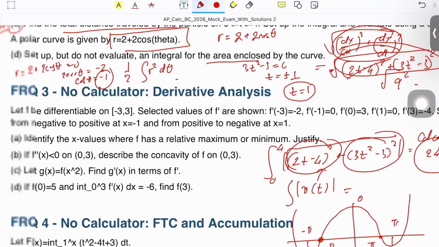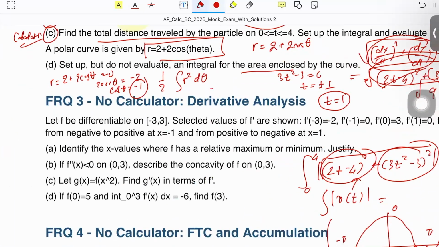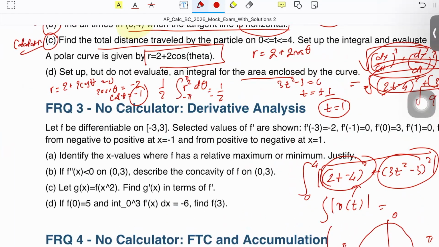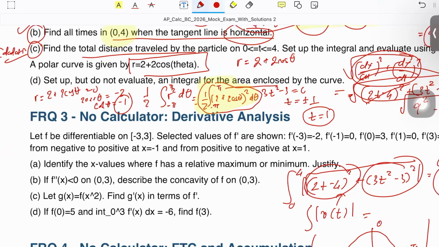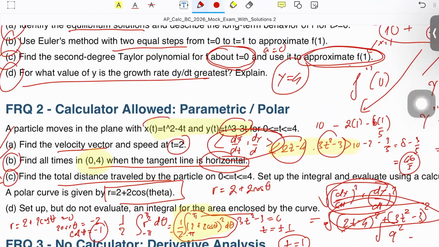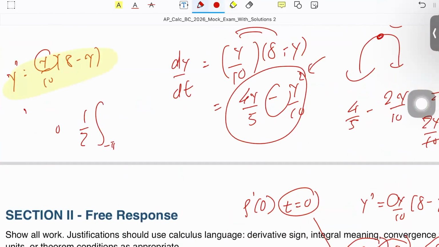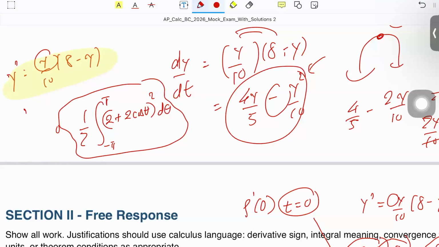So it goes from negative pi to pi, and you plug in r, you're going to have 1/2 times the integral of (2 plus 2 cosine theta) squared d theta, from negative pi to pi. They didn't ask you to evaluate, so that's the answer.